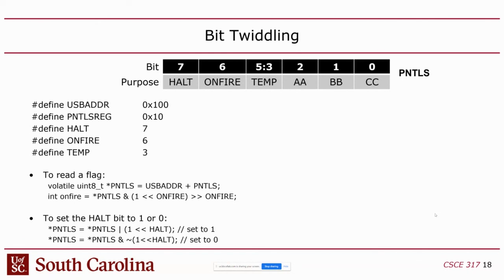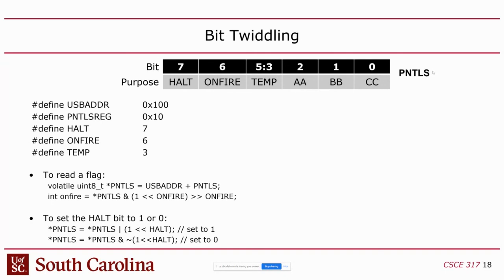So we've got our I/O register. The name of it is PNTLS. I don't remember what the heck that stood for. I made that up last spring. I don't remember what it means. And in this case, I've got some constants that are declared as pound defines. Hopefully you learned pound define in 240, I'm hoping.